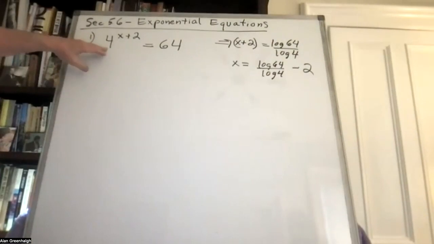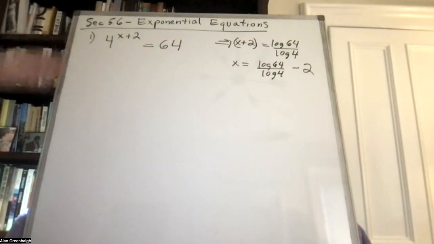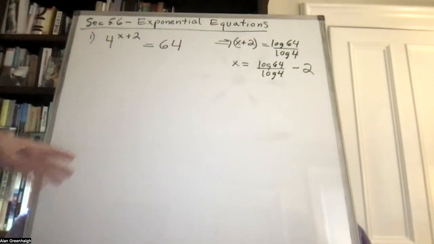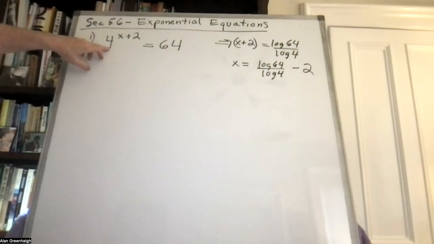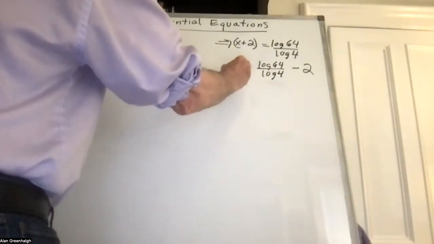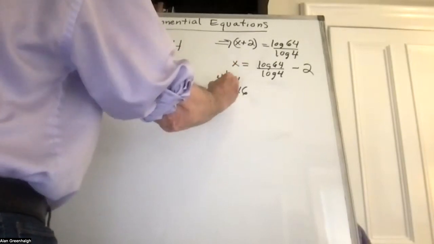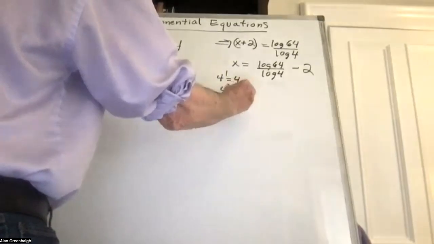But the better way of doing this is to just try to get the bases to be the same. Now, one of the things you really need to know is that the powers of 4: 4 to the first is equal to 4, 4 to the second is equal to 16, 4 to the third is equal to 64.